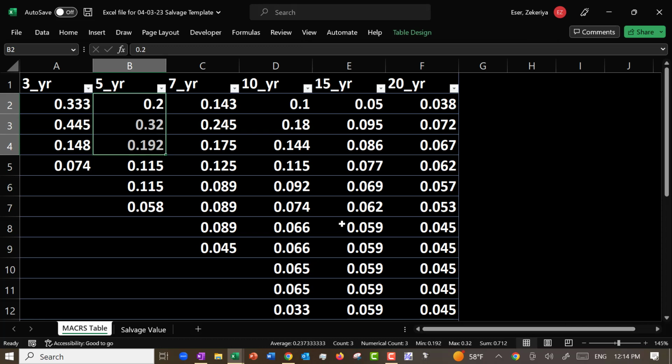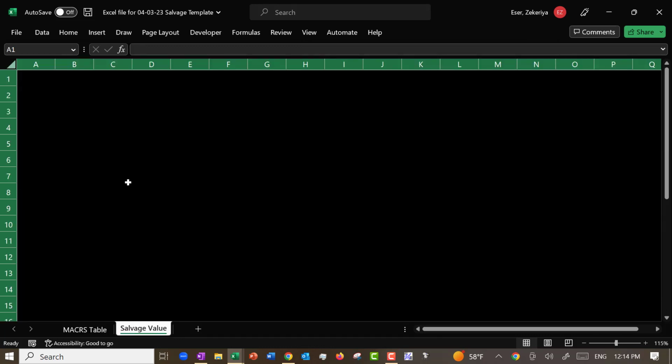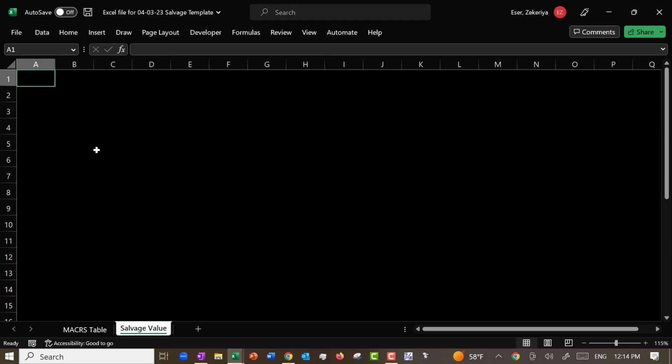Now we have those tables. Now let's build a table of book value every year based on those. Cost of plant, property, and equipment, let's say $10 million.